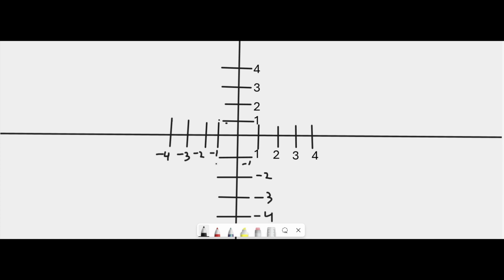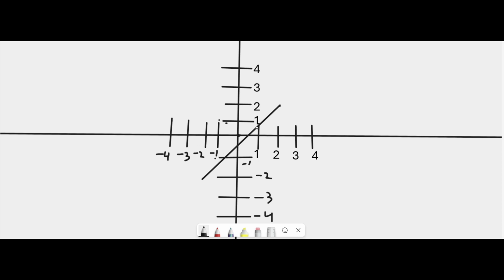So let's say that we started at 2, 2, and then we go to 1, 1, and then 0, 0 in the center here, and then negative 1, negative 1, negative 2, negative 2. So we're going down. I'm going to have to just make a straight line.